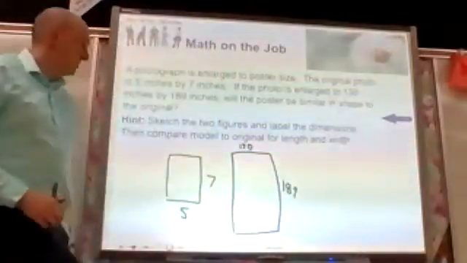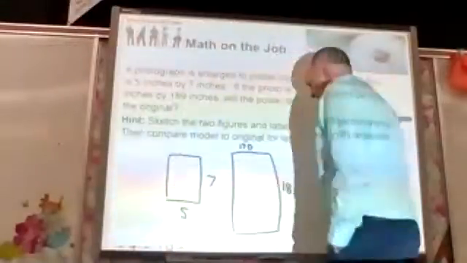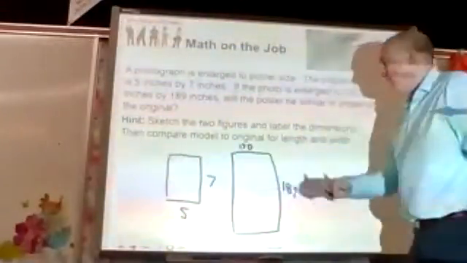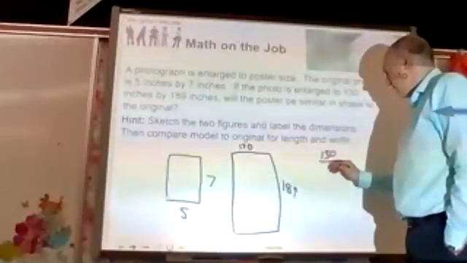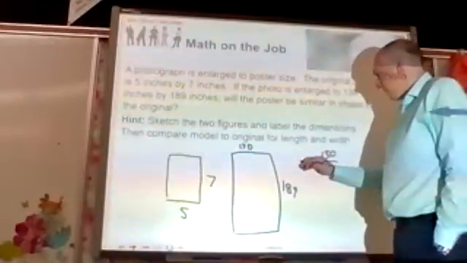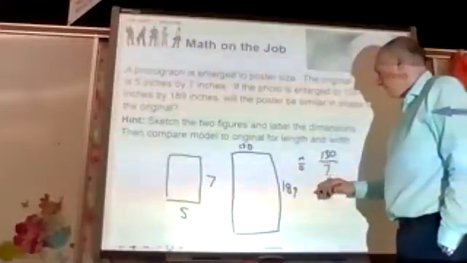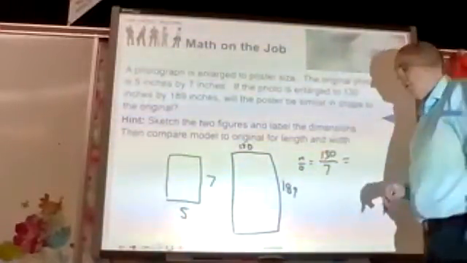And so we want to check to see if these scale factors are the same. So to go from 7 to 130, we're going to do 130 divided by 7. That's the model to the original. And 130 divided by 7, that doesn't work out nicely.